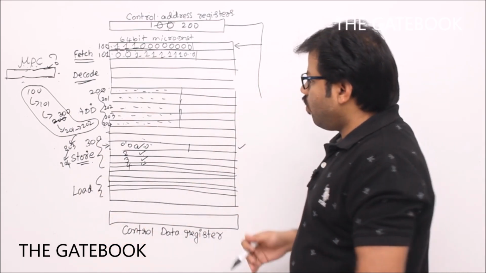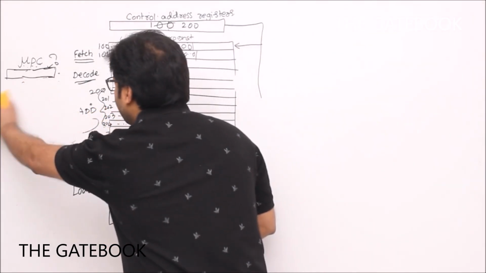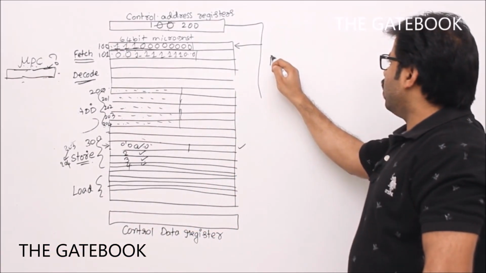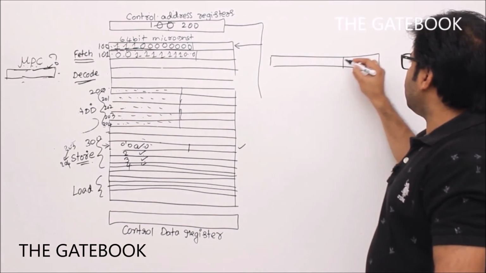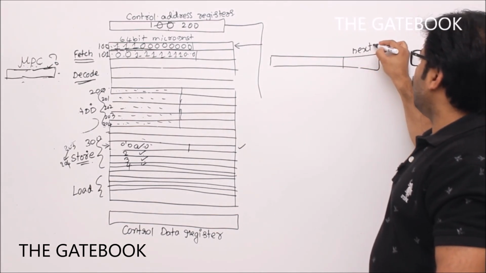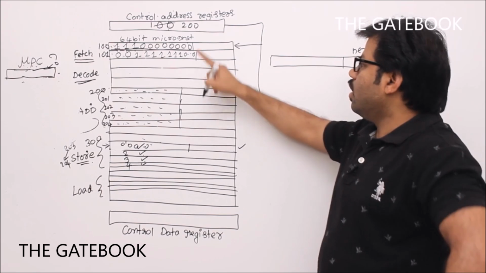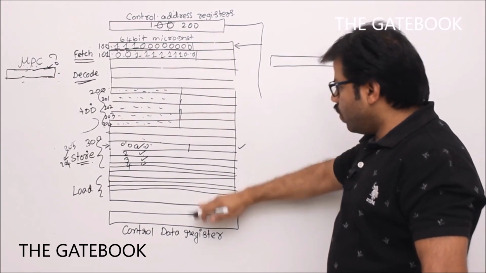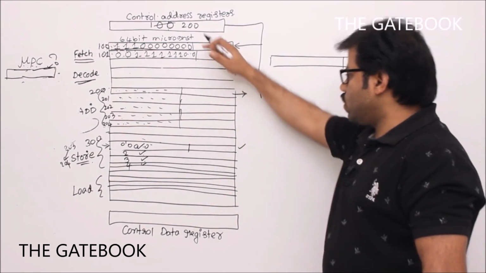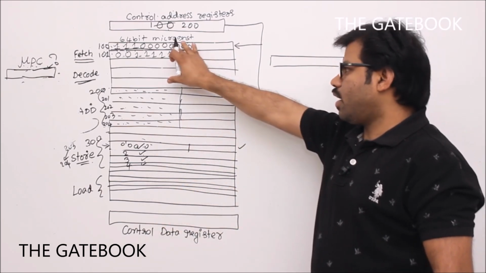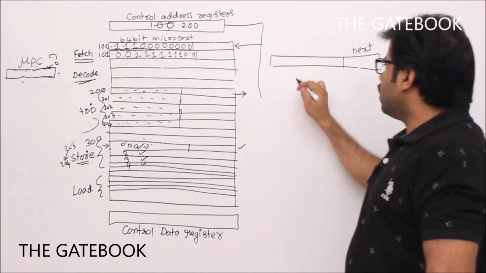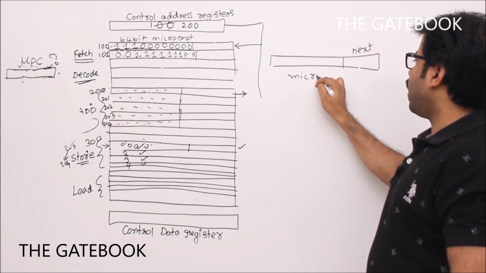Further, in this model, how they planned it is, the next instruction is generally stored in the micro word. Let us use a word called micro word. All these are words, and these words are nothing but micro instructions, right?